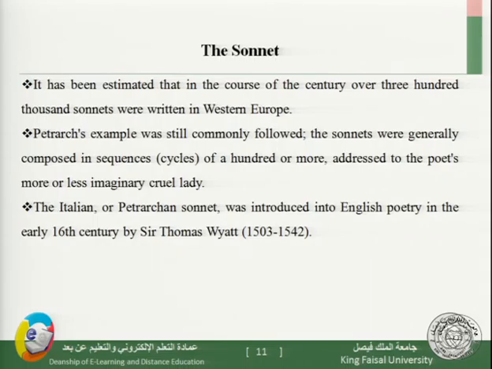The sonnet was so popular that it has been estimated that in the course of the century, over 300,000 sonnets were written in Western Europe. Petrarch's example was still commonly followed; people imitated Petrarch's sonnets.